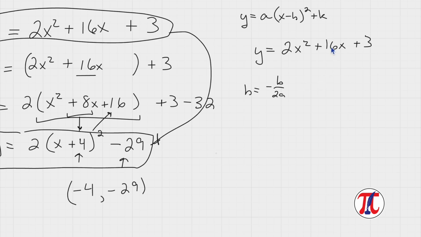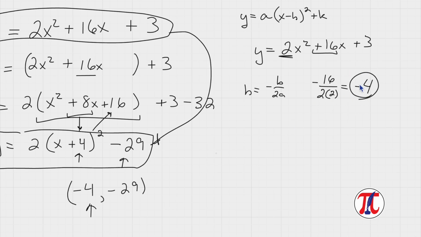Negative b in this case is negative 16. 2a is 2 times 2. So negative 16 over 2 times 2. Well, 2 times 2 is 4. 16 divided by 4 is 4, and it's negative in this case. So sure enough, I do have my x value, my vertex, that's negative 4.